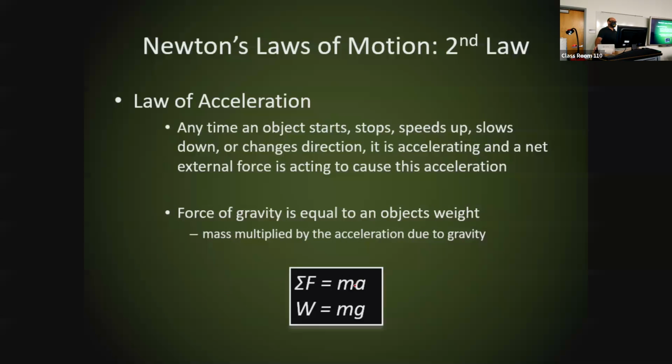But the acceleration, we just have a different name for it when we look at the weight equation. It's gravity instead of just acceleration. Gravity is acceleration towards a central body, and it's a constant: 9.81 meters per second squared.